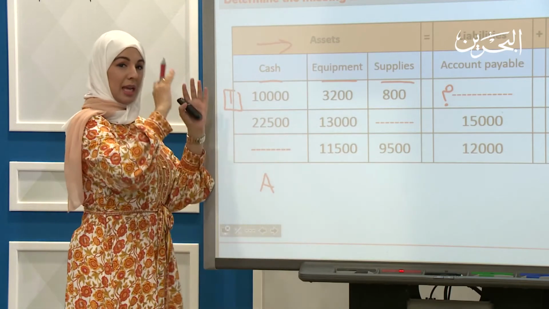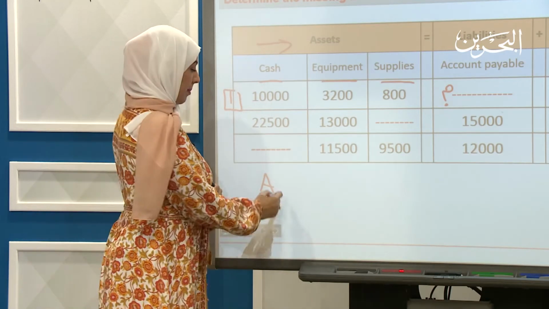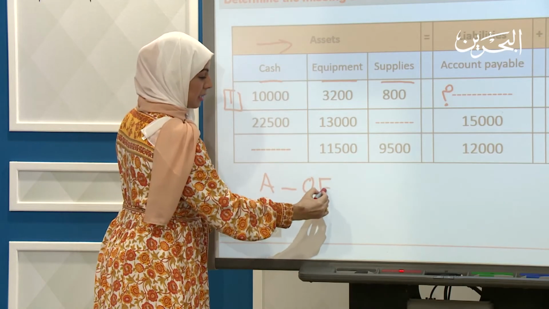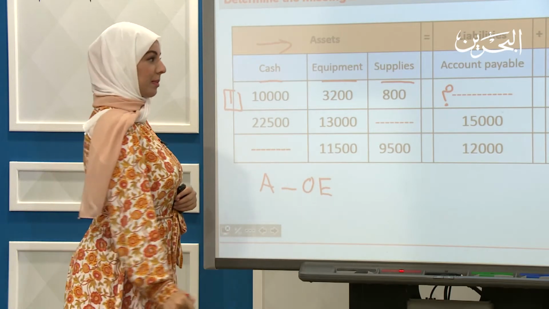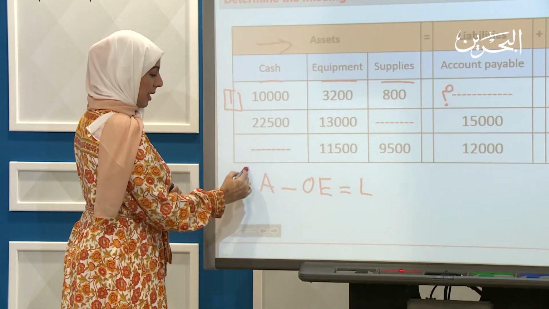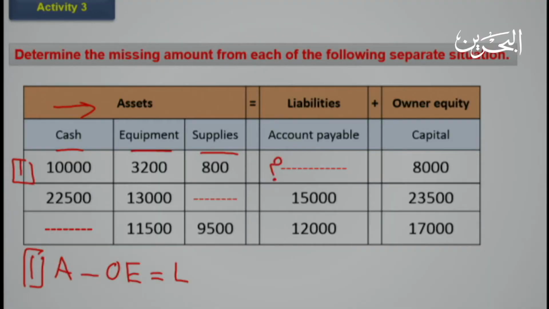I should take the total of assets and subtract the owner's equity from it, which is 8,000, and I will get the liability. This is for the first equation.